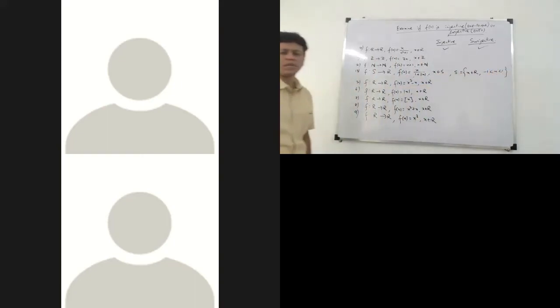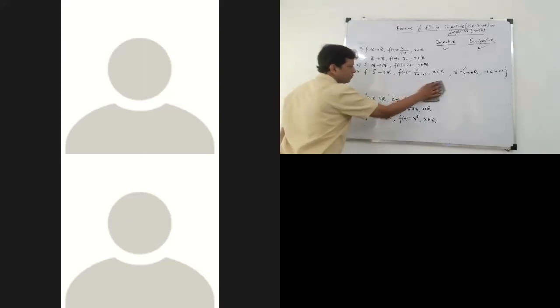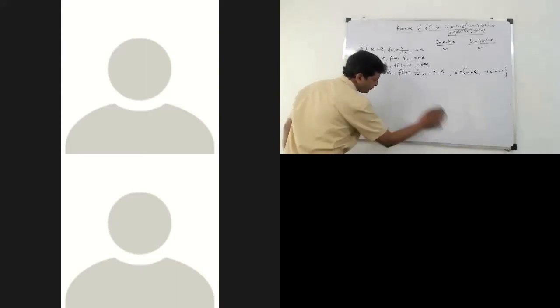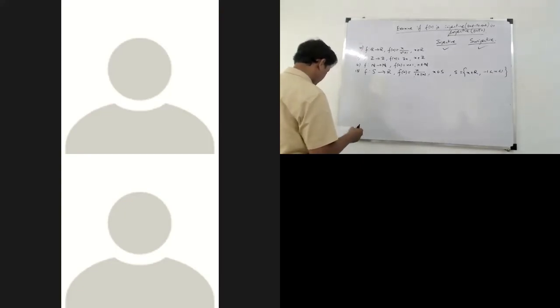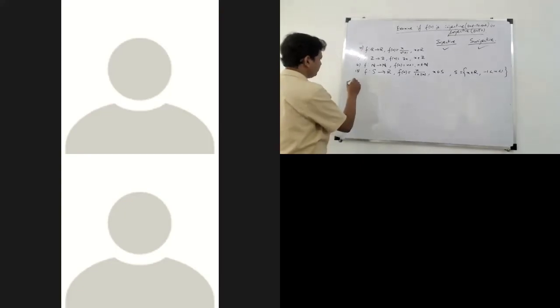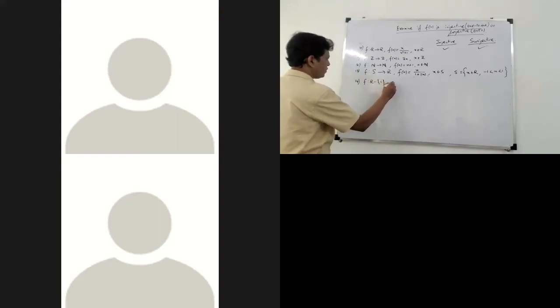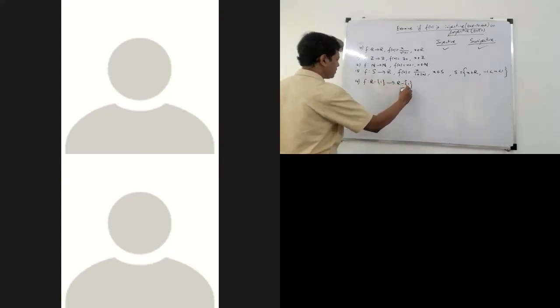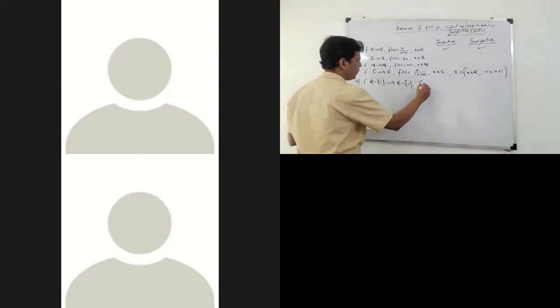All real values in -1 to 1. Can I write the lower part now? This is already solved, but still I want to put it in the chart.